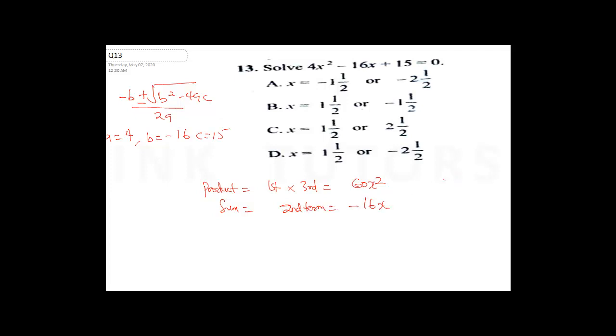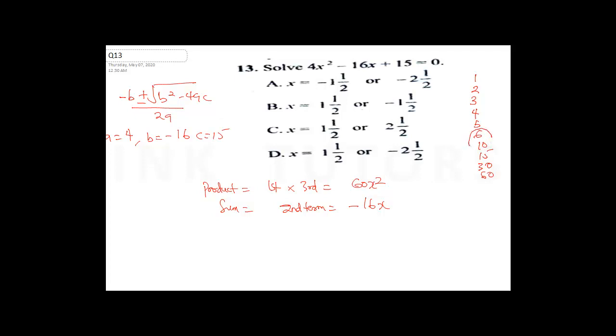Now, we need to look for factors of 60 which, when we multiply them, give us 60, and when we sum them, give us 16. Now, the factors of 60 are 1, 2, 3, 4, 5, 6, 10, 15, 30, and 60.